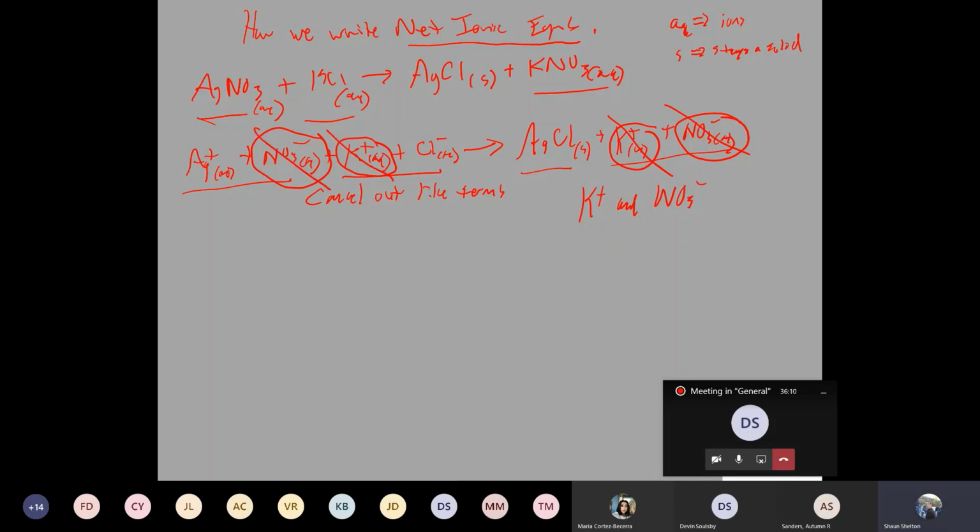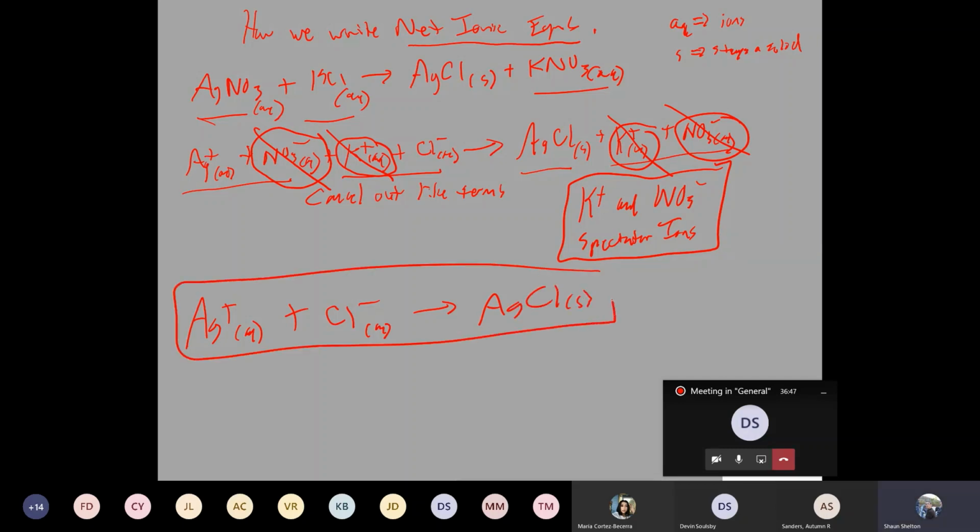Now, these are your taxes, by the way. And your taxes in the terms here are called spectator ions. All right, so I'm going to box that in. So your spectator ions are your taxes. We take our taxes out. That's why we cancel them. We find out what's the same on both sides, cancel out the like terms, and then we bring down what's left over. So we bring down the silver, we bring down the chlorine, and then we bring down the AgCl.